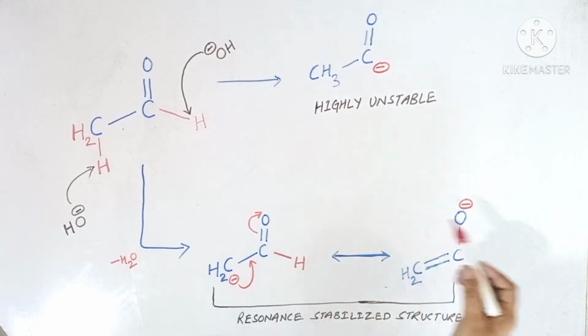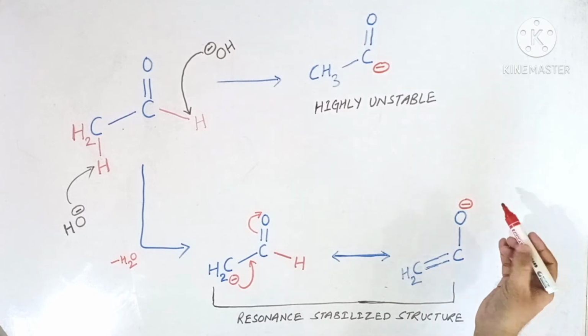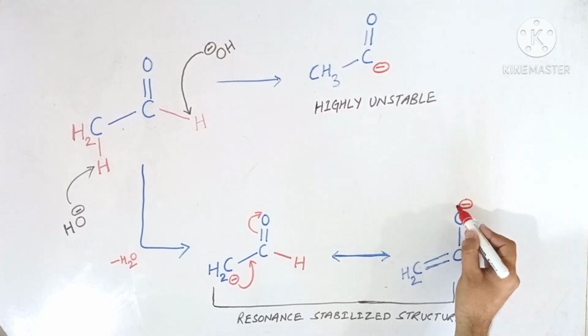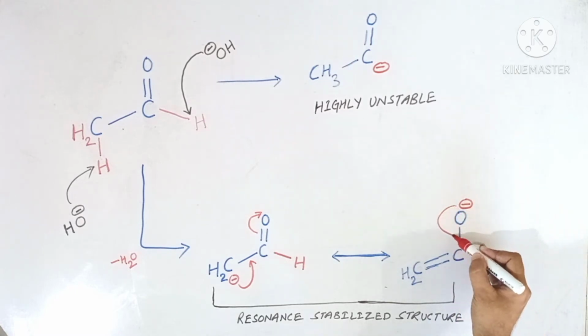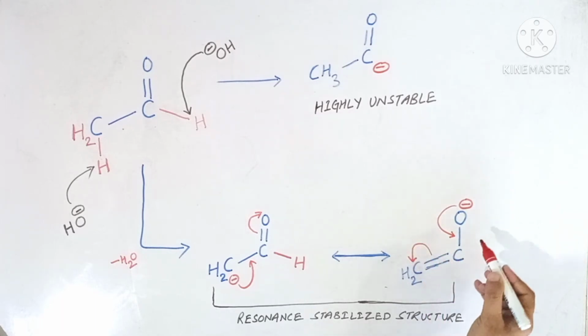So in this way, this negative charge is delocalized between this carbon and oxygen. Here we can say that the developed negative charge is stabilized by what? Resonance, or delocalization.